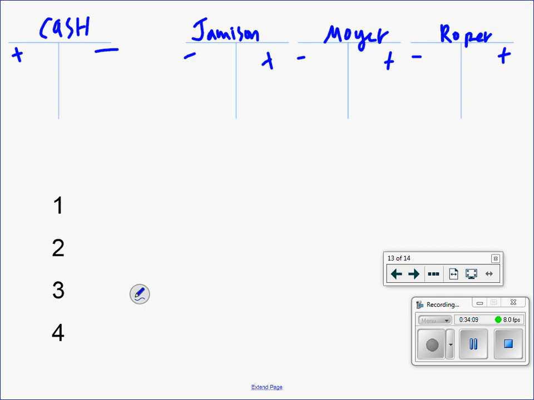Their split was 5-3-2. So 5 plus 3 plus 2 is 10. So this guy's 5 out of 10 or 50%. This person is 30%. This person's 20%. I erased. Hopefully you have some space.